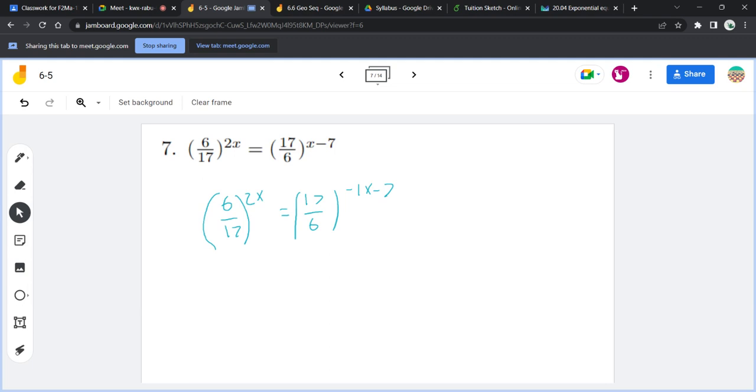So we have this, 7/6 is equal to the reciprocal, and we take the power negative one.